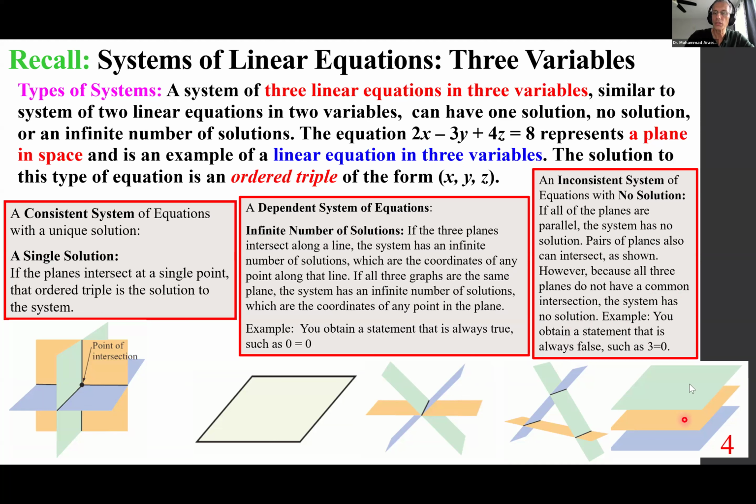If you look at these 3 planes, they are parallel. If you look at these 3 cases, 2 of them meet in a line, but not all 3 meet at the same point or line. So these are examples of inconsistent. If you were to solve it by any method, you would end up with a contradiction.